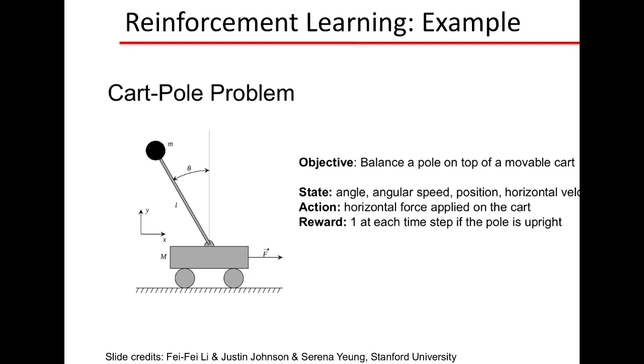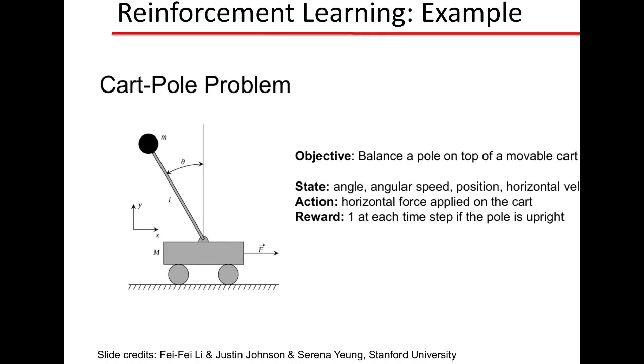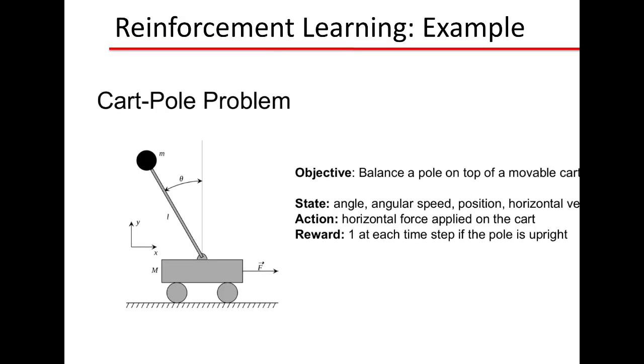So let's look at an example. This is a cart pole example. Here is a cart and the agent sits in the cart. What can the agent do? Apply a force in a particular direction for the cart to move. Once it applies a force, the cart will accelerate in that direction.